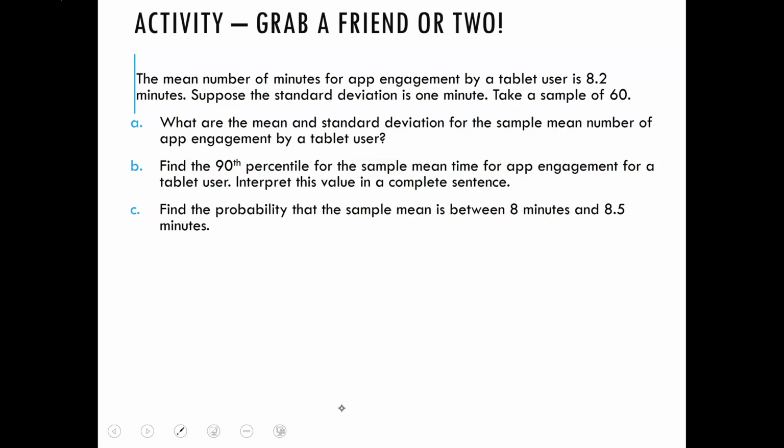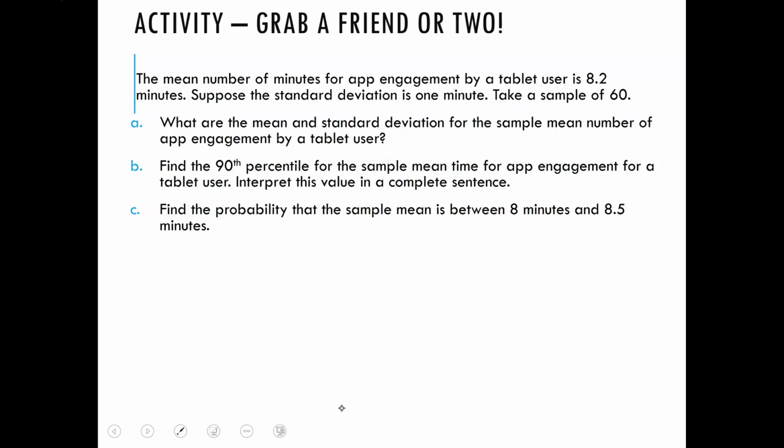But for this one, it says the mean number of minutes of app engagement by a tablet user is 8.2 minutes. Suppose the standard deviation is 1 minute, and take a sample of 60. All right, so the first thing we want to figure out is what's our mean, what's our standard deviation, and what's our sample size, right?